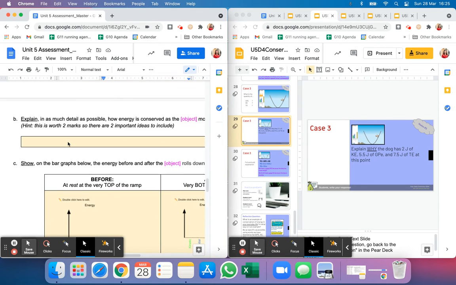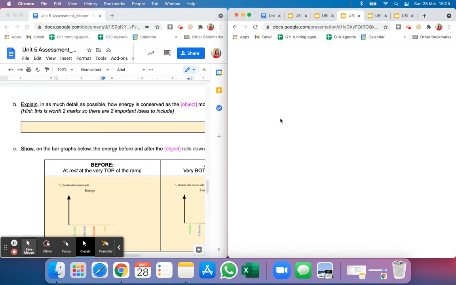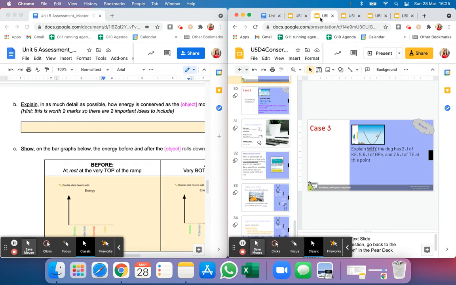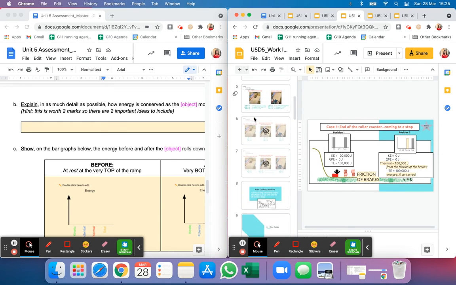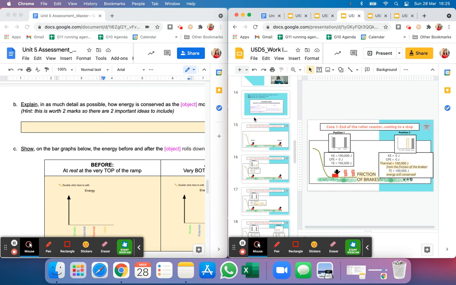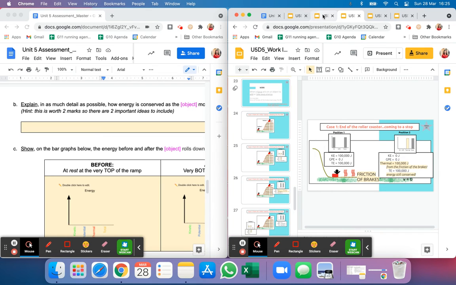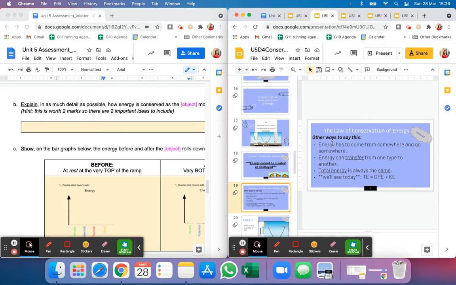All right. Explain how energy is conserved. Well, energy being conserved, of course, we're transitioning from gravitational potential to kinetic. They're transforming. So you should mention something about that and mention something about what conservation of energy actually means.